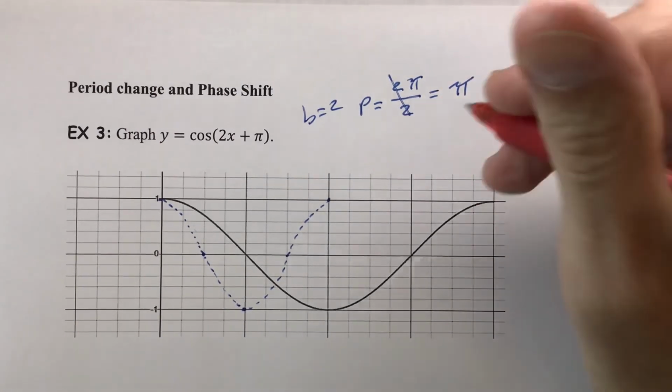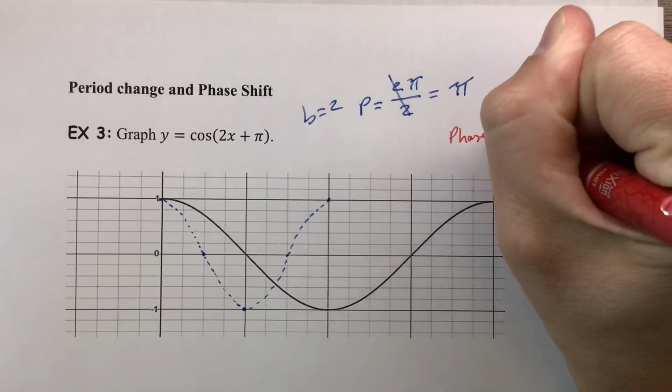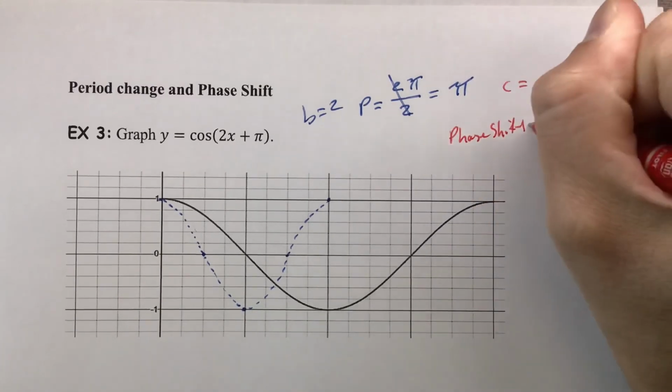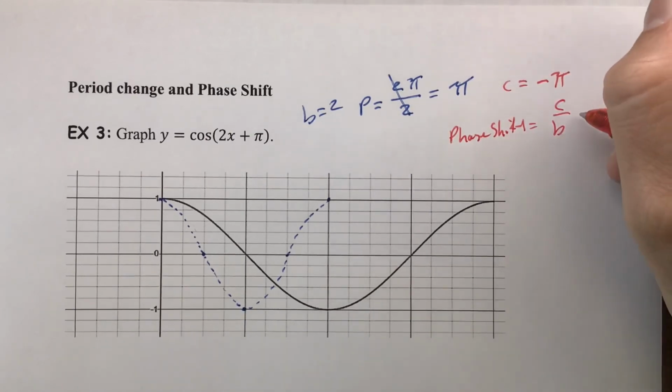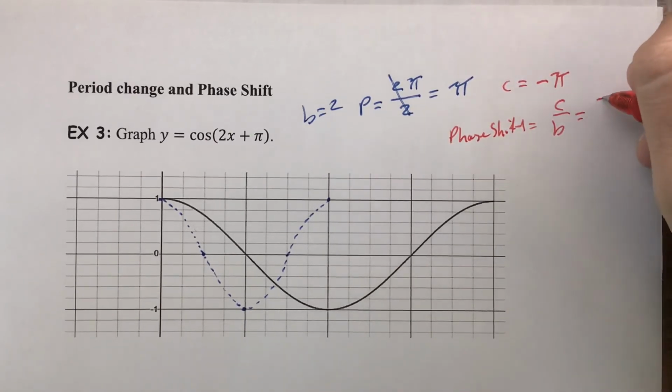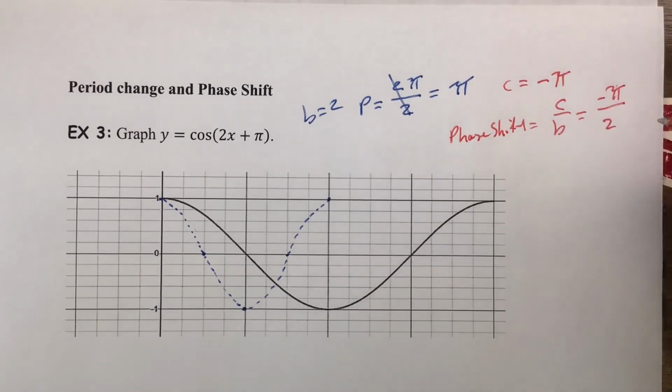All right, the actual phase shift. The phase shift is going to be equal to the c value divided by the b value, which for this would be negative pi divided by 2.